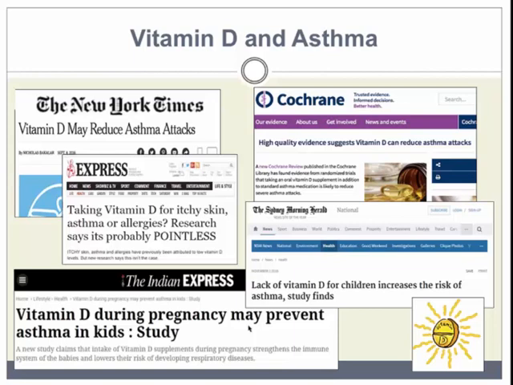In fact, they're at levels way below what is recommended. One hypothesis is that this is a reason we've had increased incidence of asthma over the last 50 years.